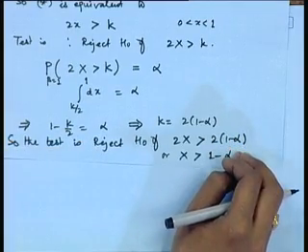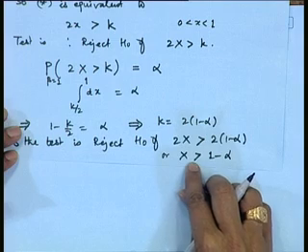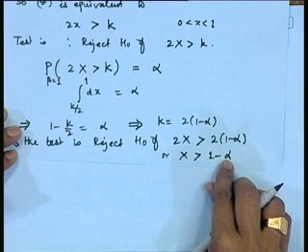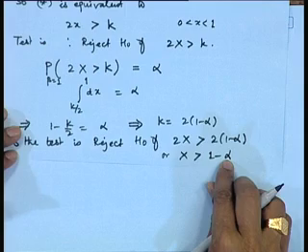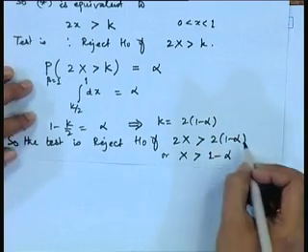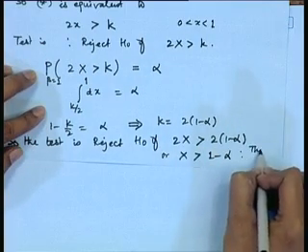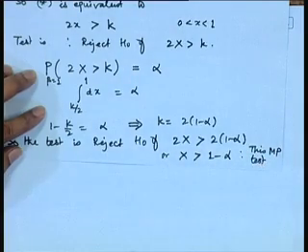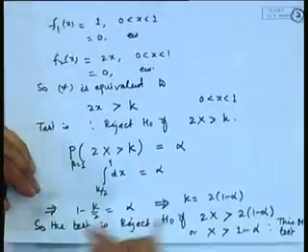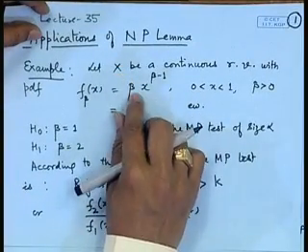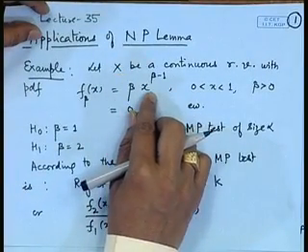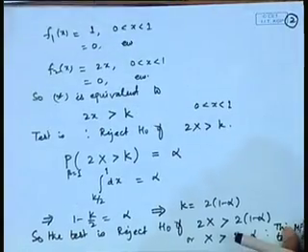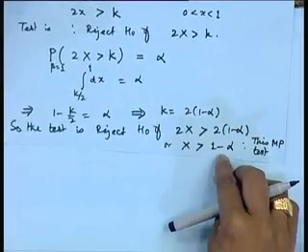So, a most powerful test of size alpha is reject H naught when x is greater than 1 minus alpha. So, this is the most powerful test. You can see here the decision making process is quite simple. We observe a random variable from this population and we see its value.